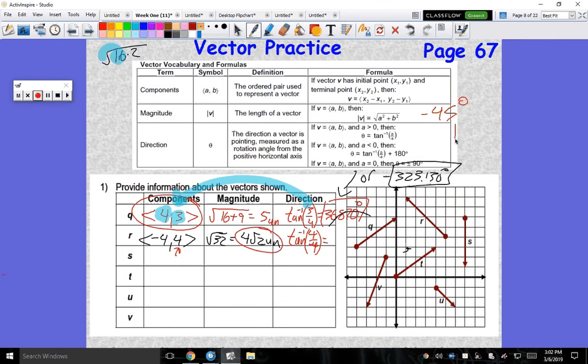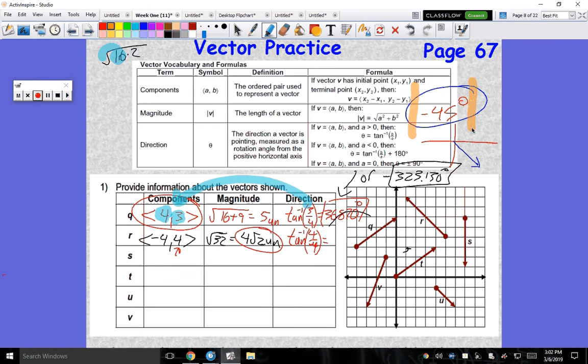Guys, negative 45 degrees would be if I was traveling this direction. But R is not doing that. Jacob said it. We need to look at this angle no matter what it spits out. We need to look at it as a reference angle, meaning make it a positive.